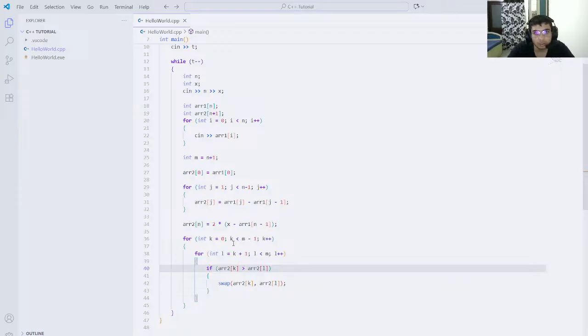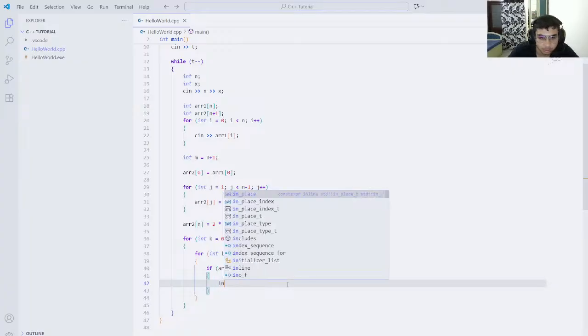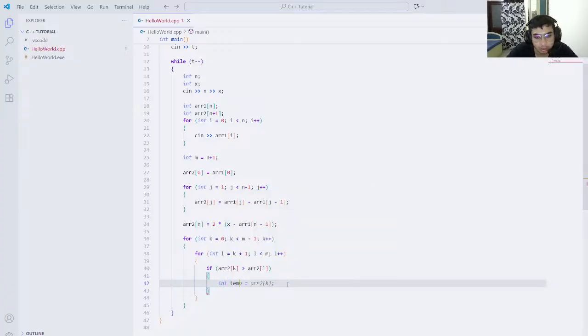I need to do it in an increasing order. I could do it in decreasing order, whatever. I'm just going to do it in an increasing order. So if K is bigger than L, then I'll just write it myself, just to drill it into my memory.